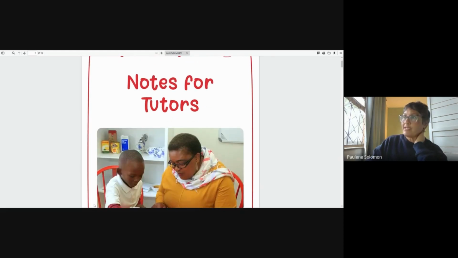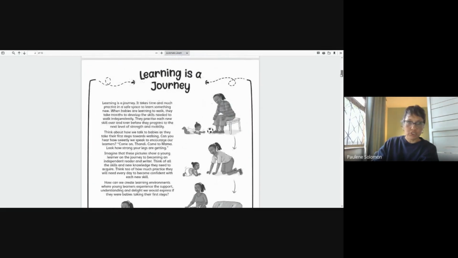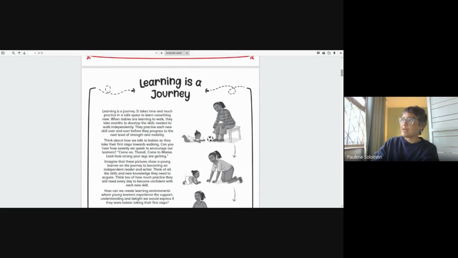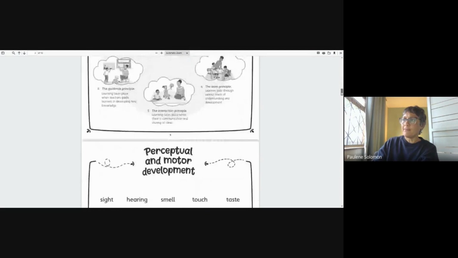And just briefly, I did share this with the group if you came to the orientation session. So I don't want to repeat it too much, but just to give you an indication that it's made up of some background knowledge, so you get some insight in how children learn and how it's a journey and you've got to support them, right?